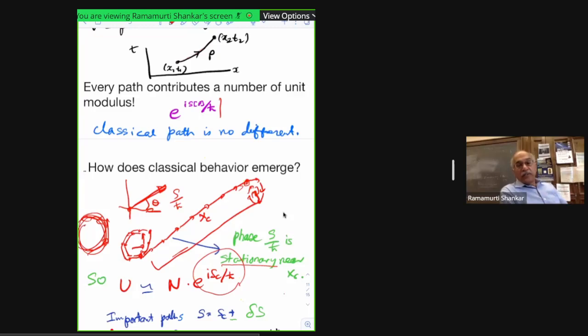How wide a difference is that? If you take a macroscopic particle whose mass is 1 kilogram, then if it's trying to travel from somewhere to somewhere in 1 second, its velocity cannot deviate from the classical path by more than 10 to the minus 17 meters per second. That means there is essentially no deviation.